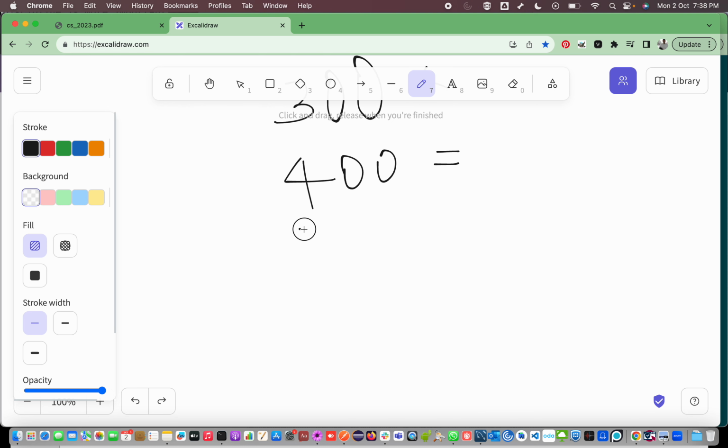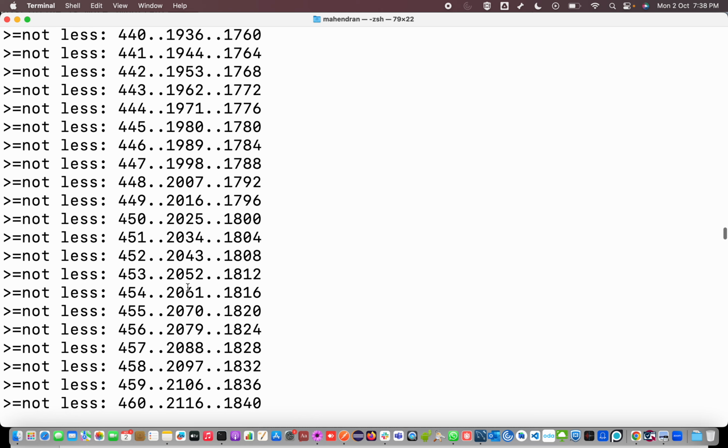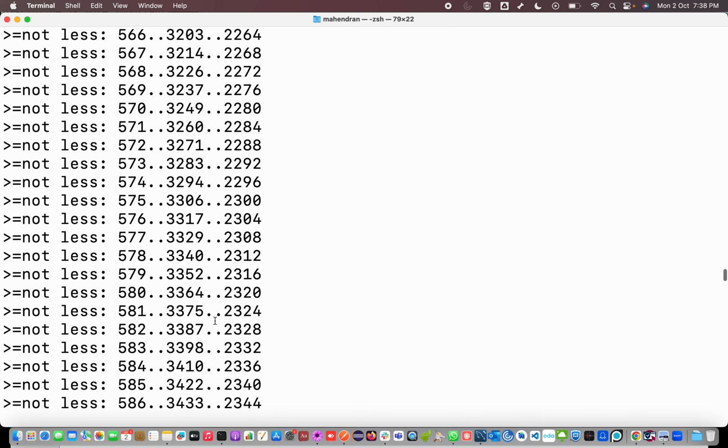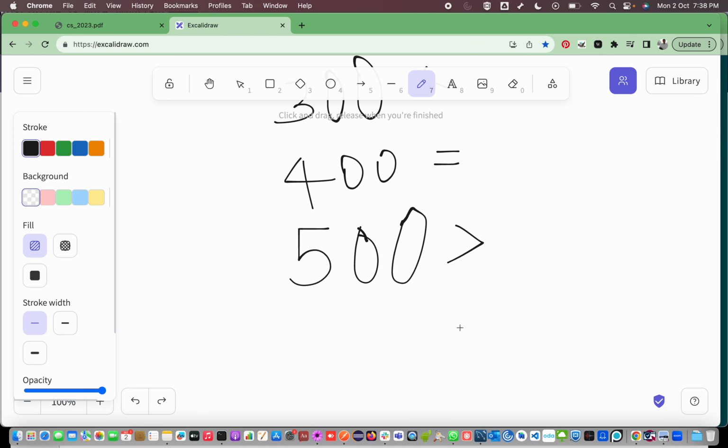If it is 500, f is greater than g. 600 also greater than. This way also we can approach. So this is the cutoff point.